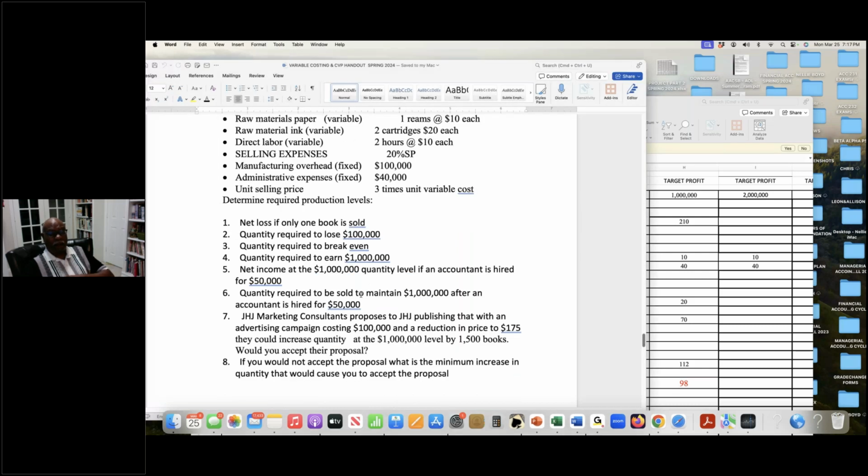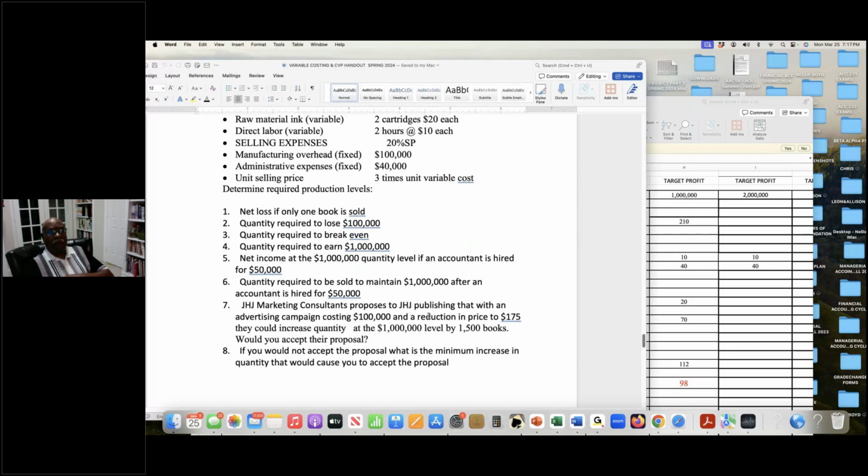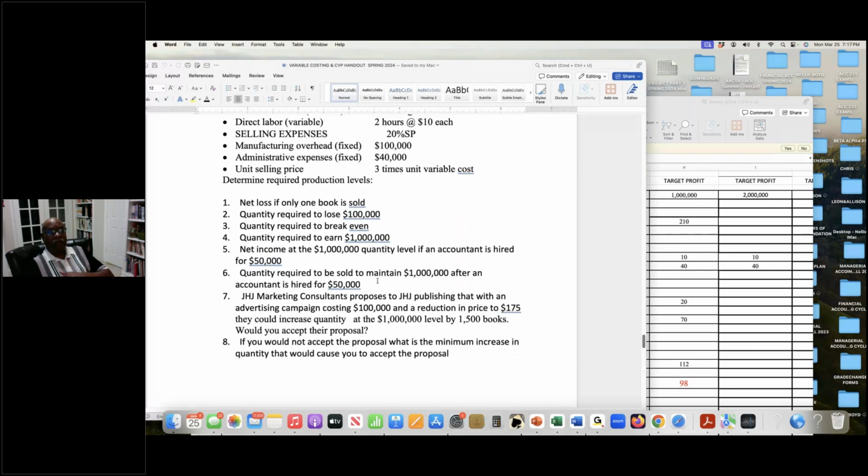When you do that, you've increased your fixed costs. So your fixed cost is no longer 140, it's 190. That's a good point.